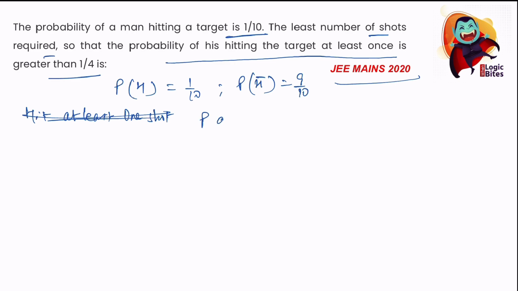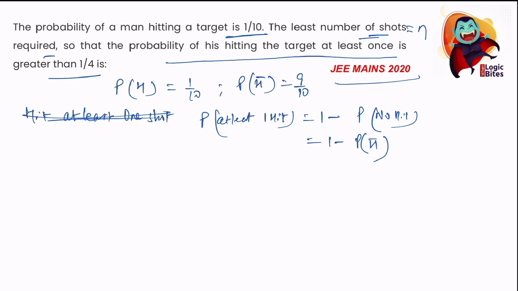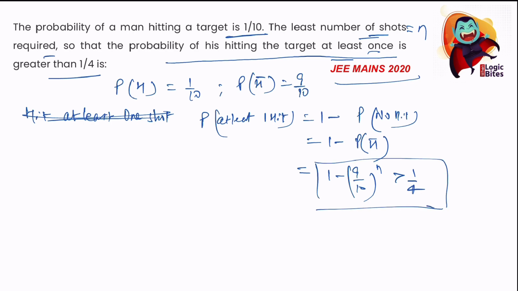Probability of getting at least one hit will be 1 minus probability of getting no hit, that is 1 minus P of H bar, or complement of H. And let's say that the number of shots is n. So, it will be like this, 1 minus 9 by 10 to the power n, and this is greater than 1 by 4. So, we need to solve this particular term and we will get our answer.